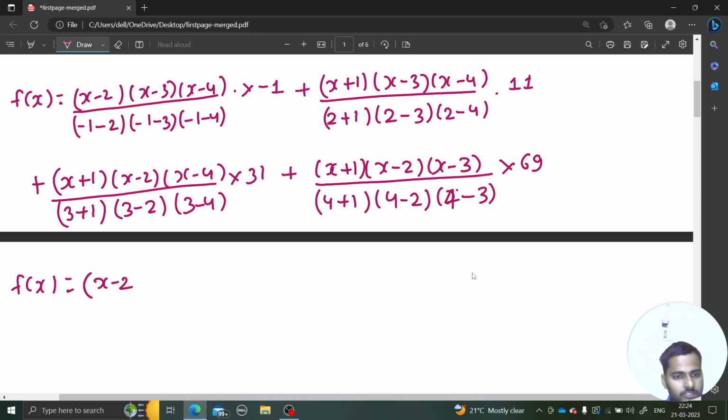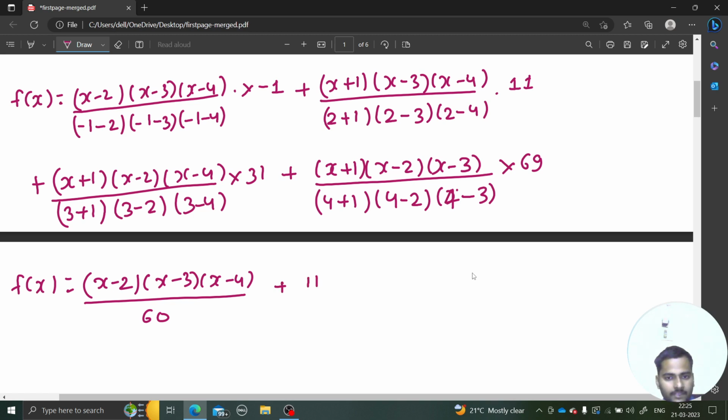So x minus 2, x minus 3, x minus 4 into 6 divided by 60. Here again, 3 into 1 is 3 and multiplied by 2 is 6, so it will be 11 by 6, and you are having x plus 1, x minus 3, x minus 4.